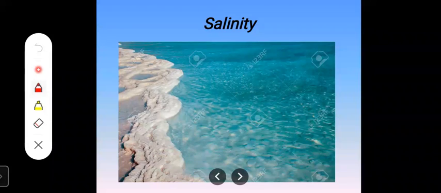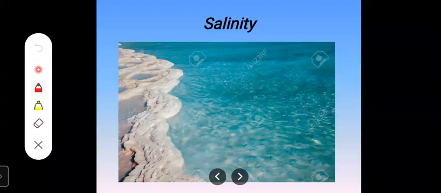It is the saltiness. Yes, salinity means what? It is the saltiness or amount of salt which is dissolved in a body of water called saline water.